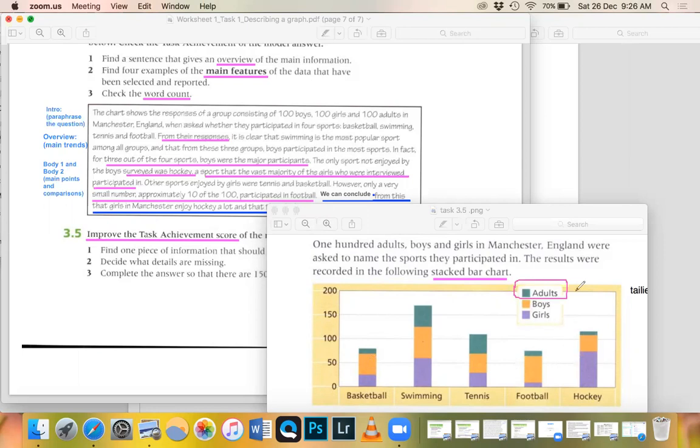Which is the most popular sport for the adults? Which sport did the adults participate in the most? I'll ask you again, which is the most popular sport for adults?